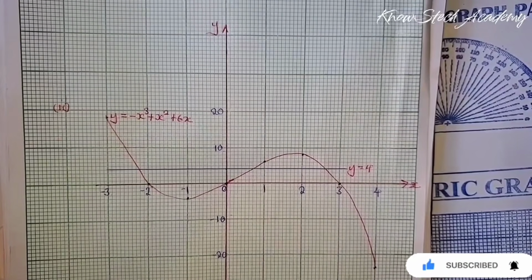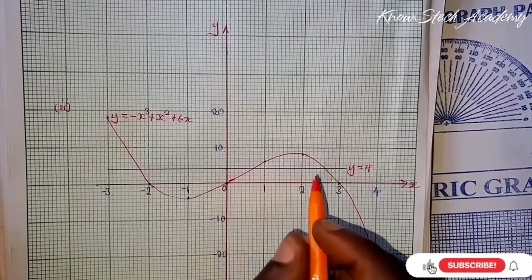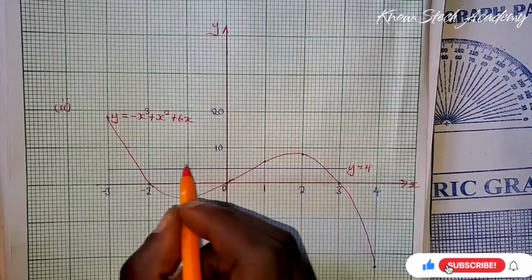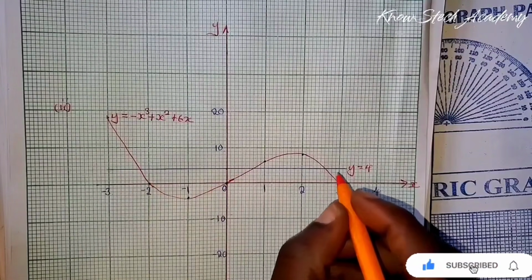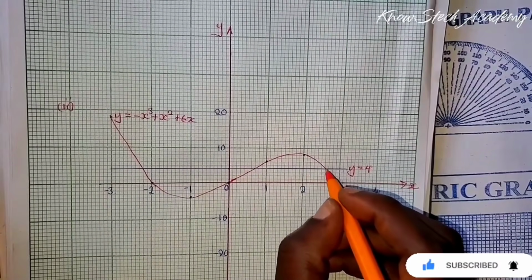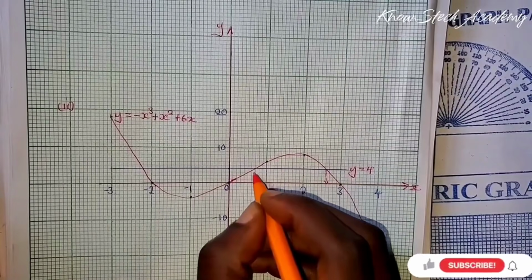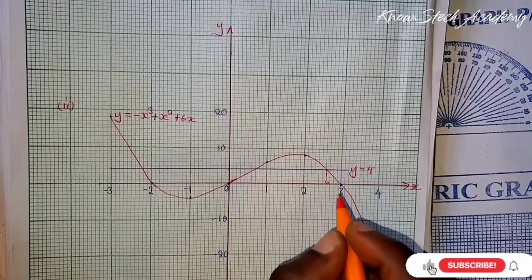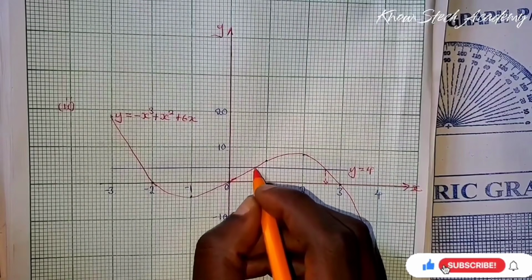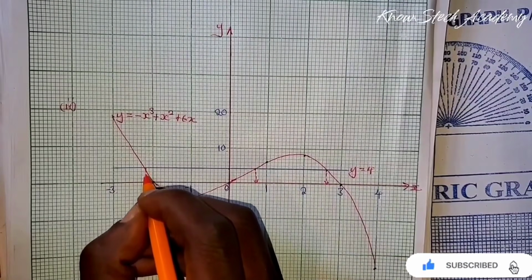Then remember what I told you? We get back to this question. Where this line is cutting the curve, that's where the solution is. So check. This line is cutting the curve here and also here.